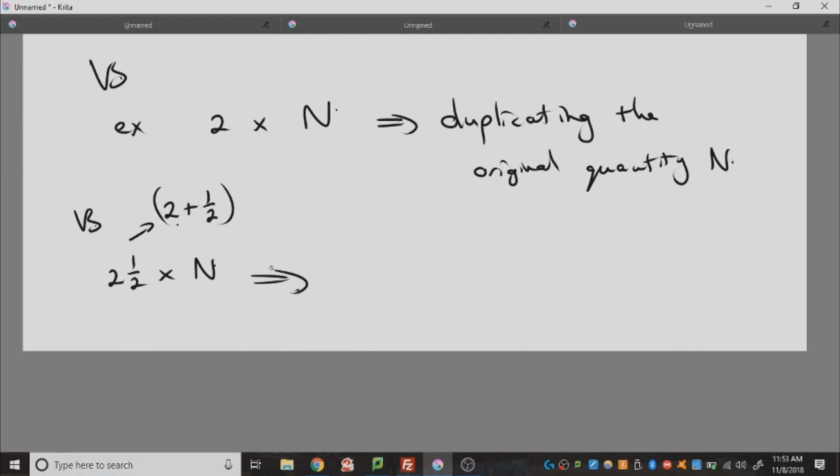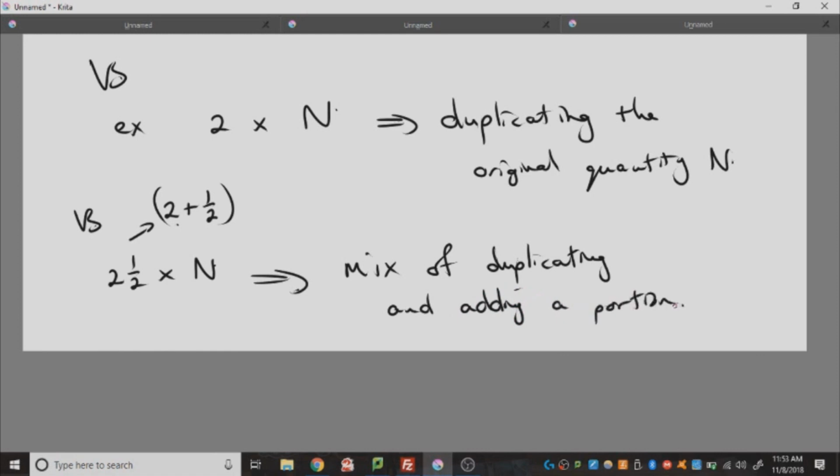So staying on the intuitive side, no. So it's a mix of duplicating and taking a portion. Or let's say adding a portion on top of that. So as long as I intuitively understand that the whole portion of the first number and the fraction portion technically intuitively do different things, and then I put them all together at the end, we should be fine.